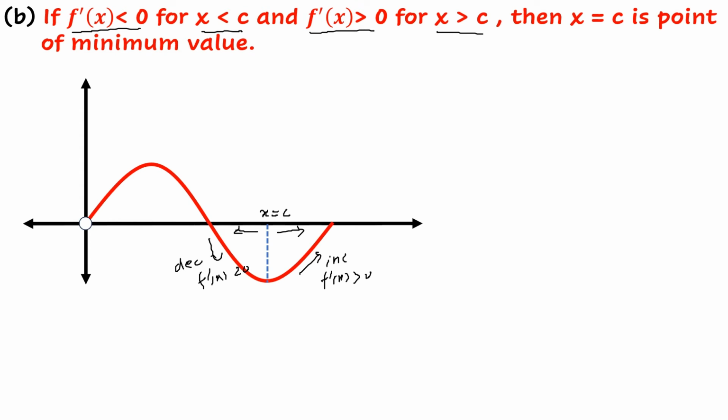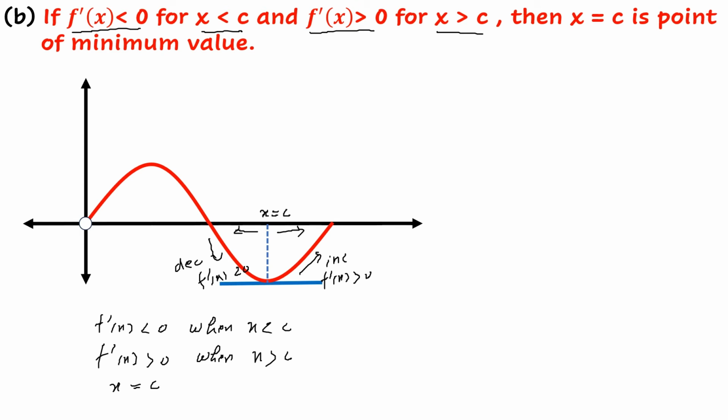So we can say that f dash x is less than 0 when x is less than c and f dash x is greater than 0 when x is greater than c. So we can say that x is equal to c is point of minimum value. As we can see from the graph also, at x is equal to c, the value of a function is the minimum value.